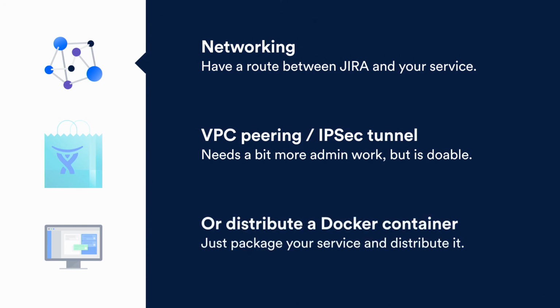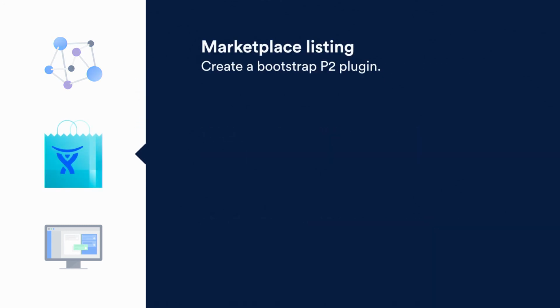The other option is you distribute a Docker container, and your customers can just install the Docker container in their data center and run it on their own hardware. It's a possibility. You just need to package it differently. On the packaging, you might want to distribute the add-on in Marketplace, and Marketplace requires you to have either a jar or Atlassian Connect JSON.